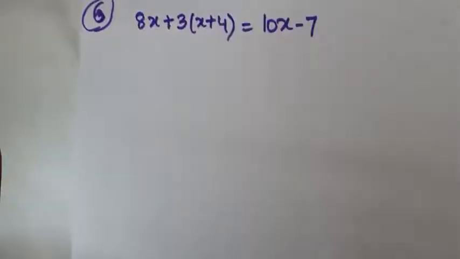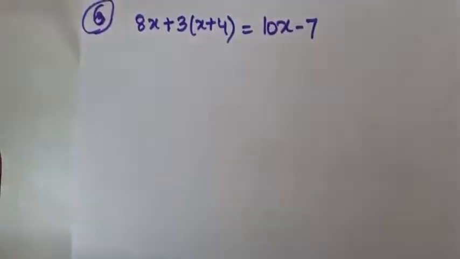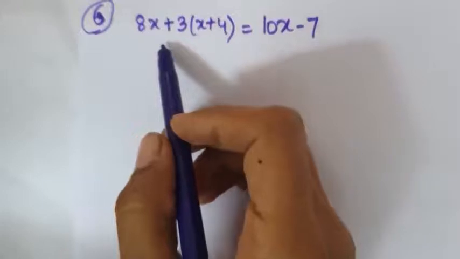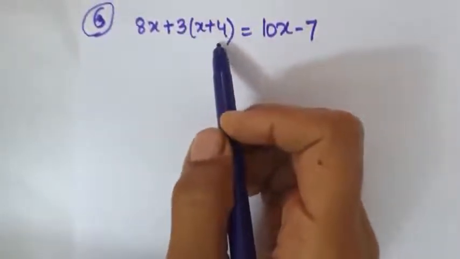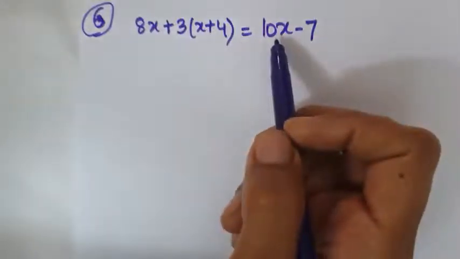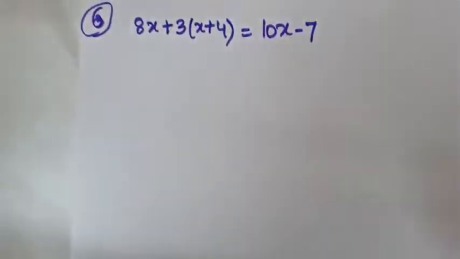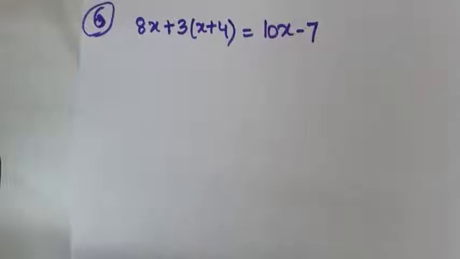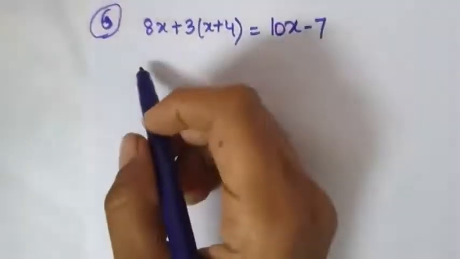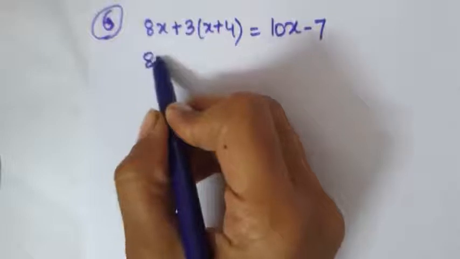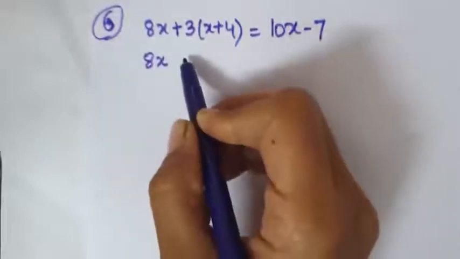Clear? Now the next question is 8x plus 3 in the bracket x plus 4 is equals to 10x minus 7. First of all, we will simplify the left hand side and the right hand side. So now in the left hand side, what we will do?